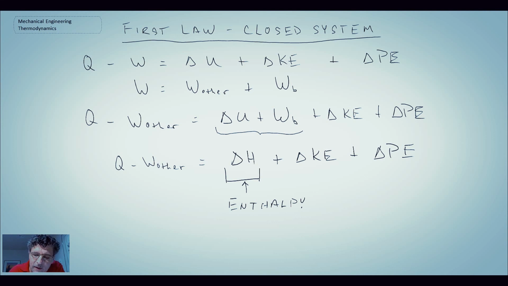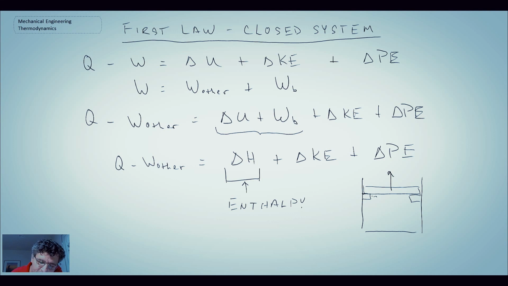And what enthalpy does is it takes into account the boundary work that you would have for your closed system. So on some problems that you may be examining, let's say you have a piston cylinder device like this and you have mechanical stoppers here, and then you have your cylinder, if the piston is moving up, it is doing boundary work because it is encountering a pressure in order to move and change the volume.